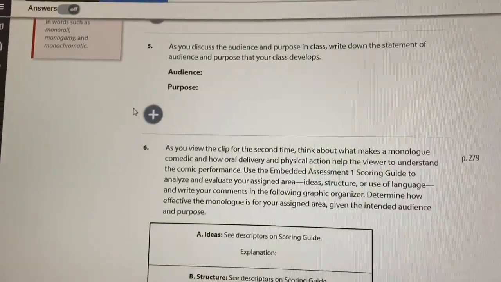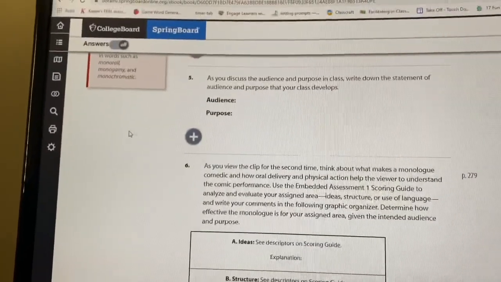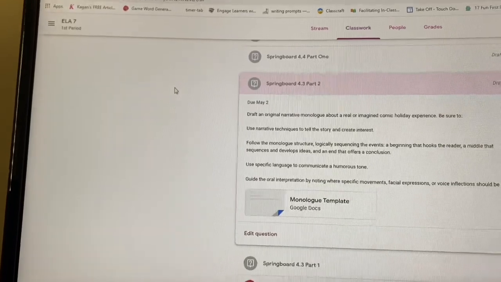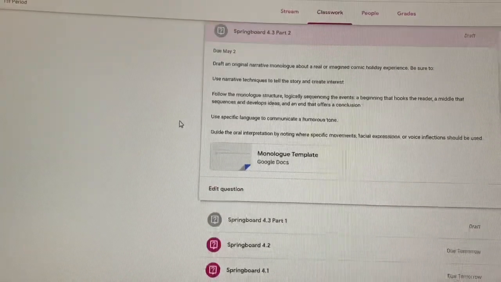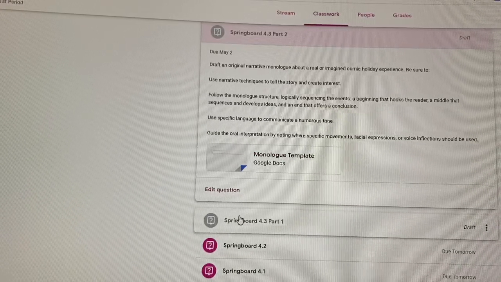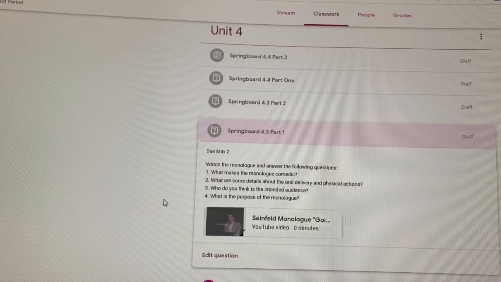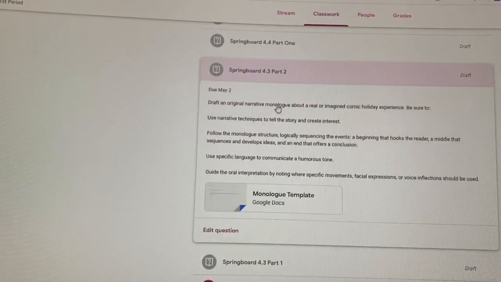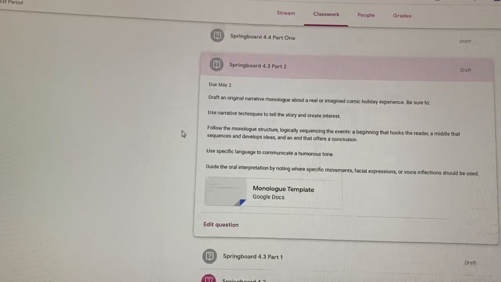And actually, I'm going to take this moment to switch over to Google Classroom and show you what I am posting. Okay, so like I was saying, you have part 1 and part 2. And these are your assignments for the week. So you could do this like Monday, Tuesday, and then Wednesday through Friday could be the second one.